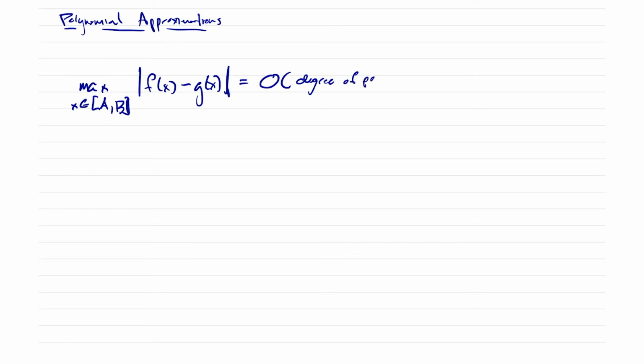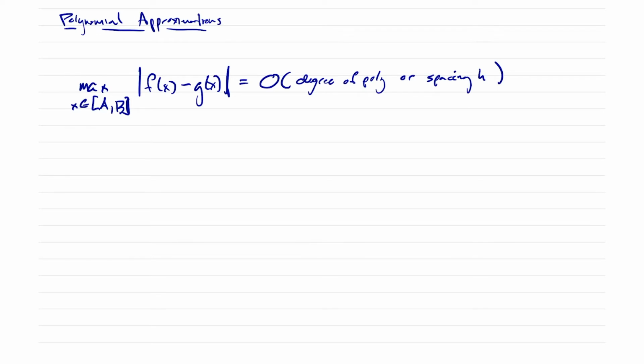Basically our goal is going to be to show that the uniform distance, so not the minimum, but the maximum pointwise difference over [a,b] of the absolute value of f(x) minus g(x), is a Big O of either the degree of the polynomial, or the spacing h, like for Bernstein polynomials or for interpolation.